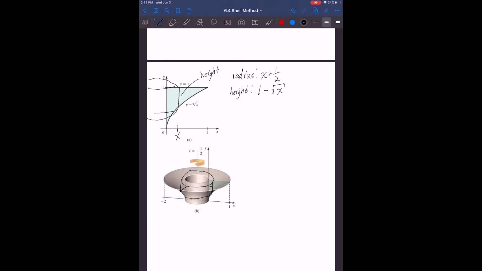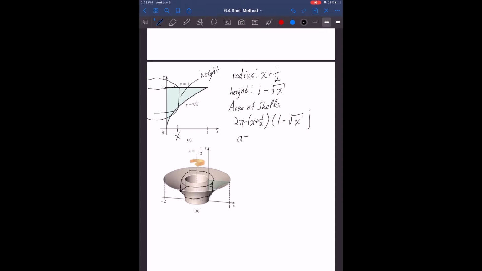So that is going to be the height. So this means that the area of our shells is going to be 2 pi times the radius, so x plus 1/2, all times our height, so 1 minus the square root of x.